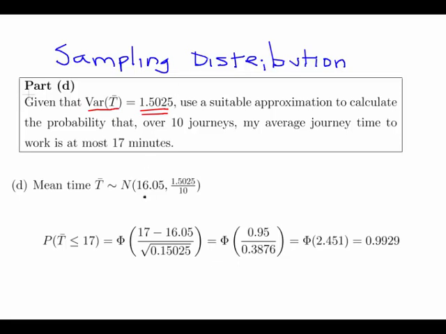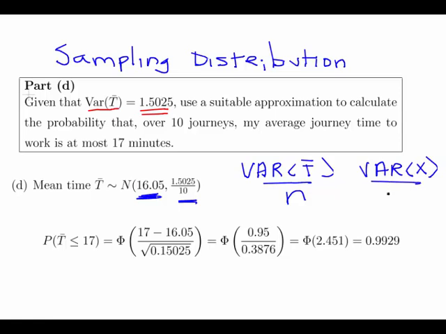So the mean time, we know from the last question, was 16.05. Okay, so we're just using previous parts. We know that the variance for the past question is 1.5025. So this is the sampling distribution variance here. So it's the variance of t bar over n. Usually that's written as the variance of x over n.